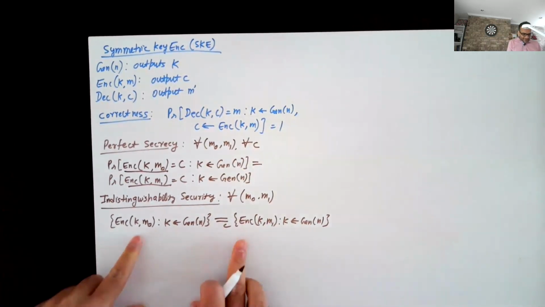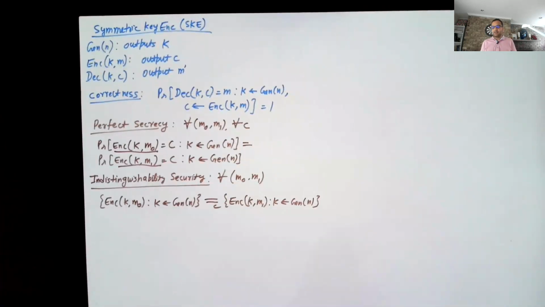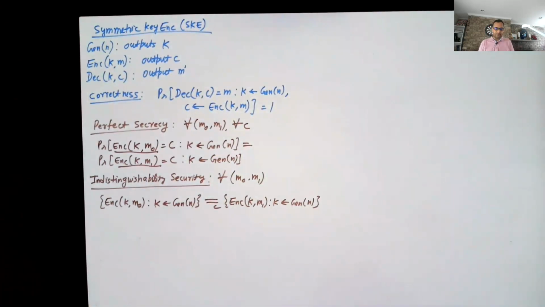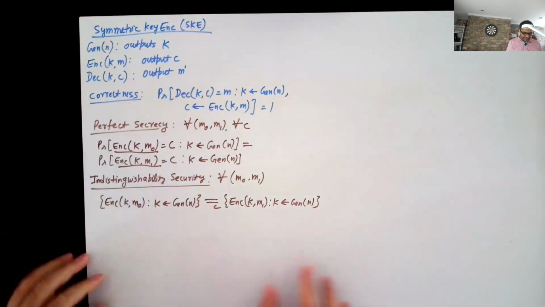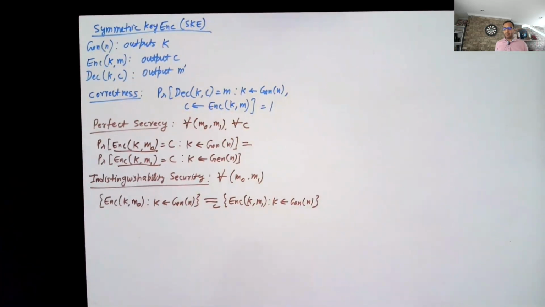So what this says is that when an adversary looks at two different ciphertexts having message M0 or M1, the adversary cannot even tell them apart, right? So this is mostly the definition which we will work with.